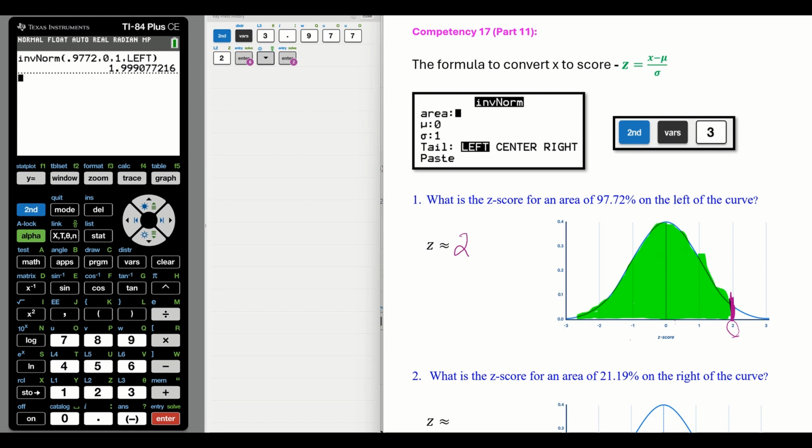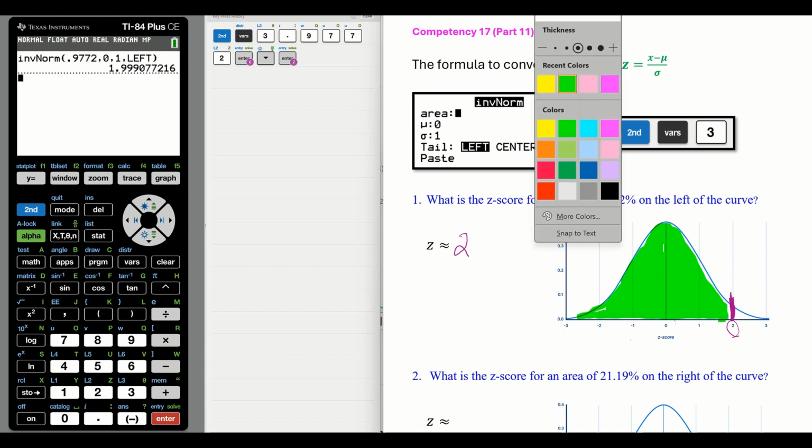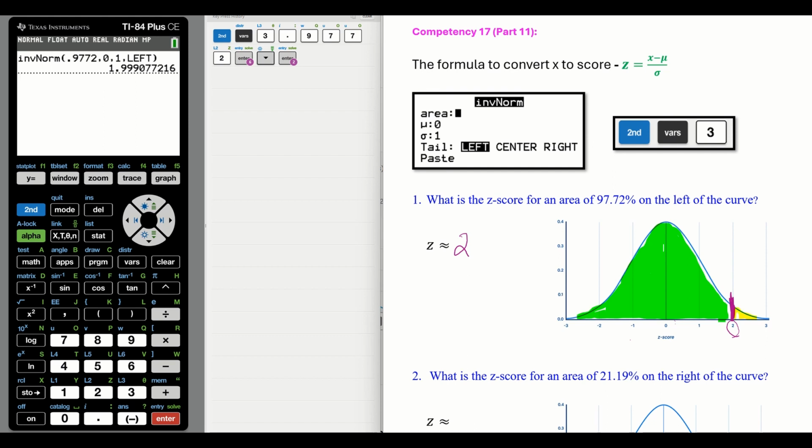Oh, I went out of the line. See, this is what happens when you go outside the line. I guess I don't have to be so perfect. Absolutely not. Let's just pencil in that other little area. Let's do yellow over there. Teeny tiny. This side over here depends on the problem, but the point is, it doesn't matter.